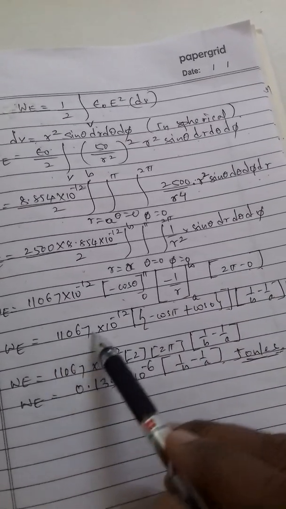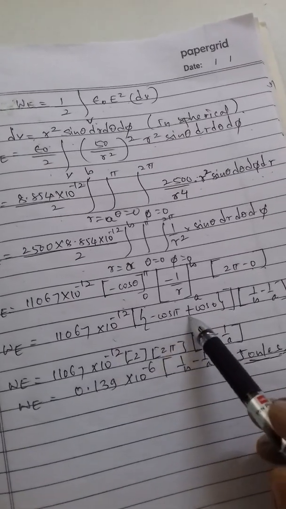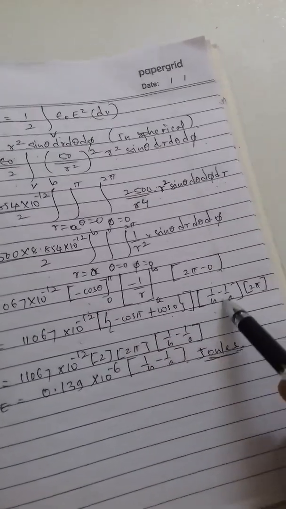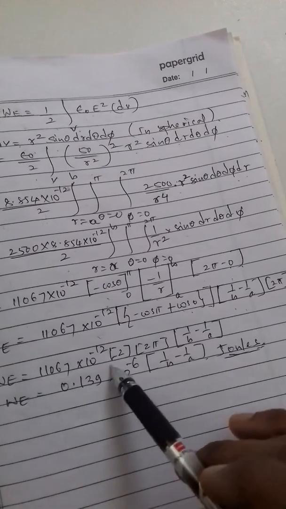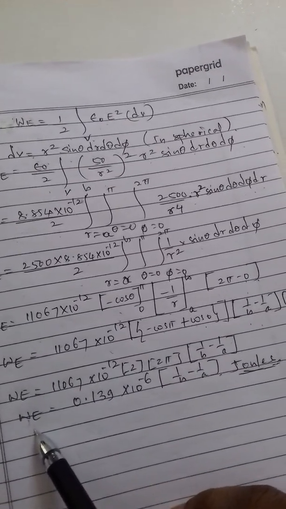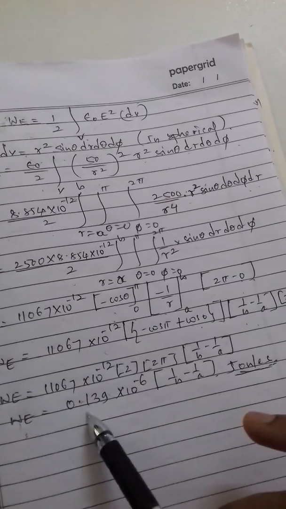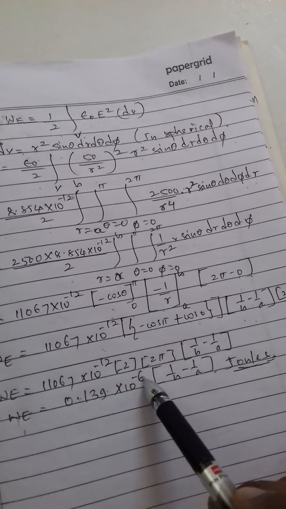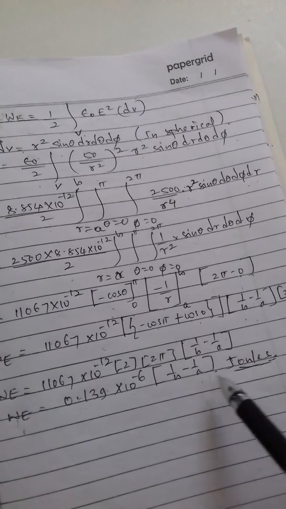That is, minus cos pi plus cos 0, that is 2, times 1 by a minus 1 by b, times 2 pi. The energy stored W_E is equal to 0.139 into 10 raised to minus 6 into 1 by a minus 1 upon b joules.